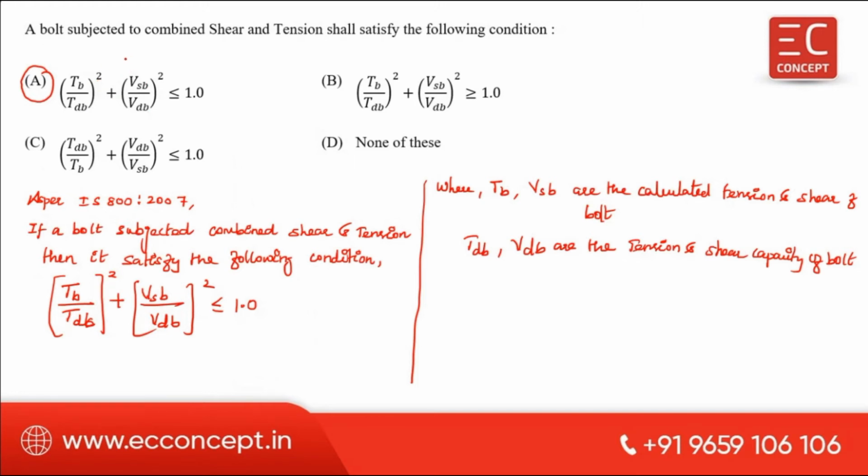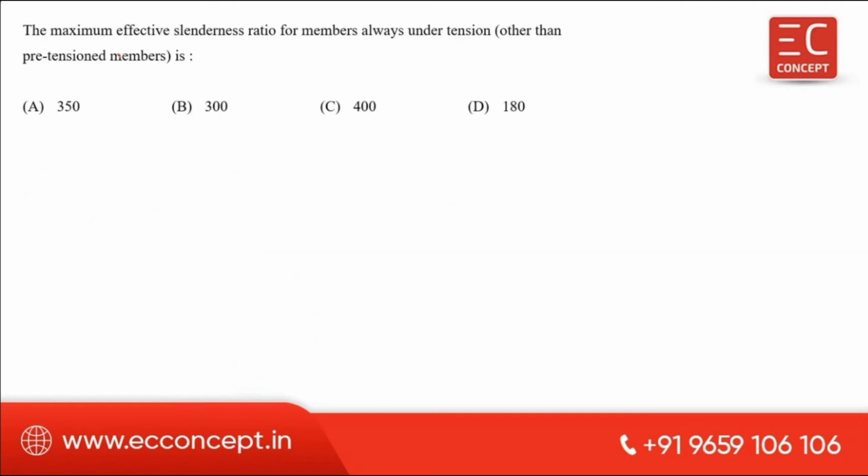So be careful. The next one: the maximum effective slenderness ratio of a member always under tension, other than a pre-tensioned member. The answer for this question is 400. Let me give some of the values.